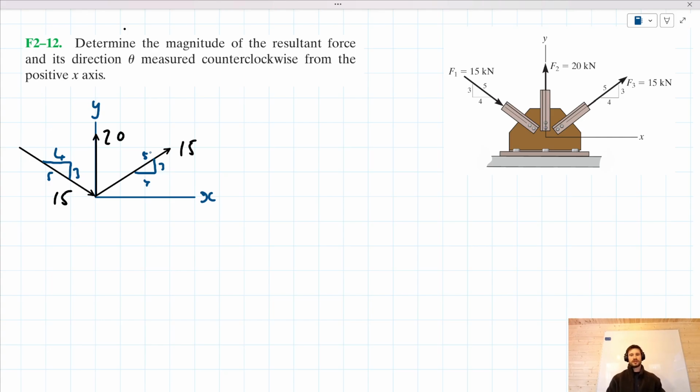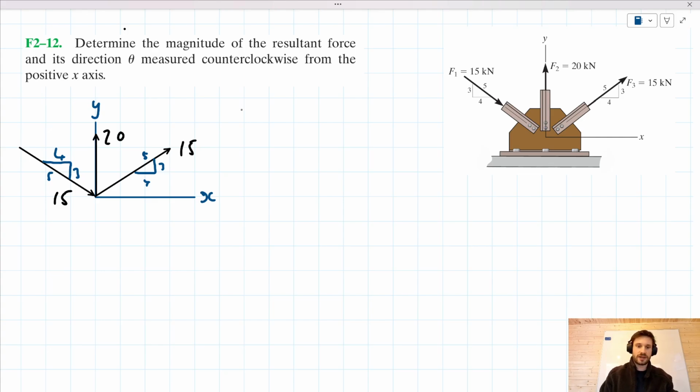Okay, so let's start off by resolving horizontally. So horizontally, this 20 kilonewton force doesn't have a horizontal component. These 15 kilonewton forces do. Each one will be 4/5 of 15, right?